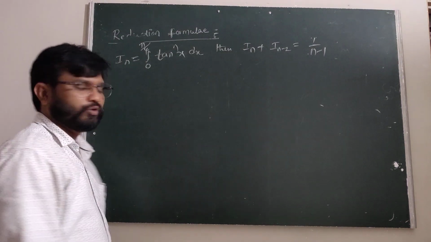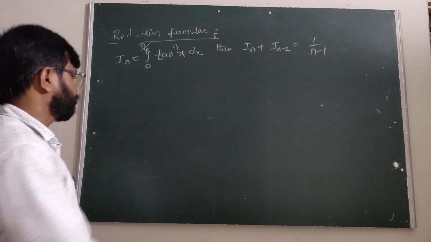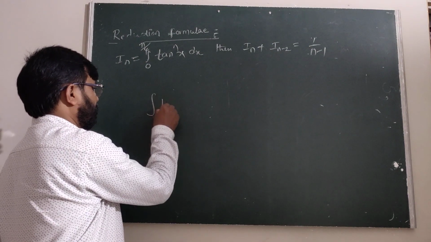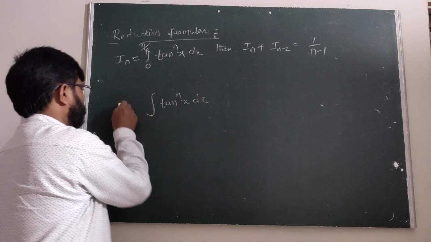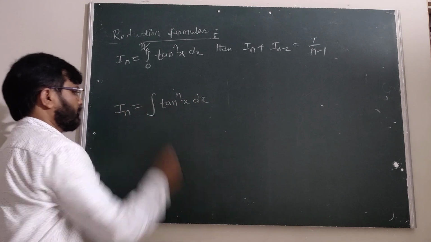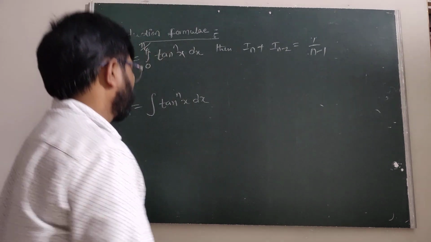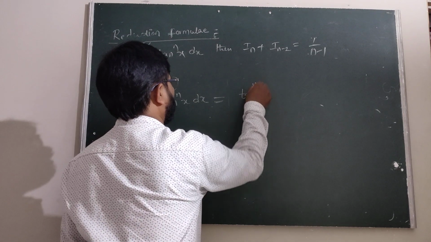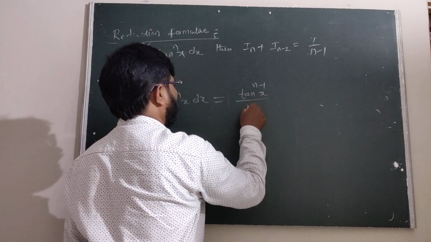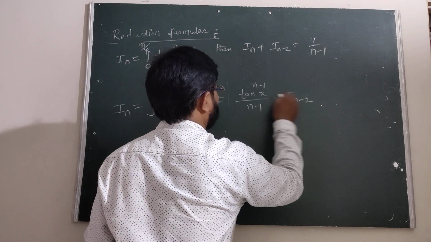We have to know that in the indefinite integral, the integral of tan power n x dx, taking it as In, we can write tan power n minus 1 x upon n minus 1, minus In minus 2.